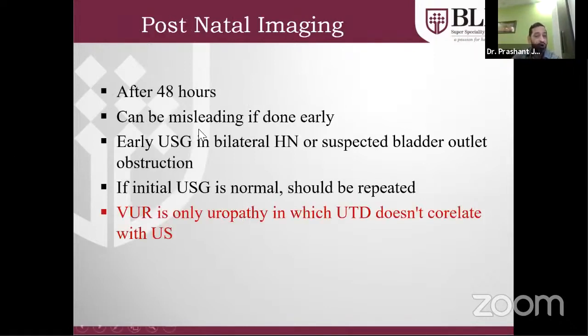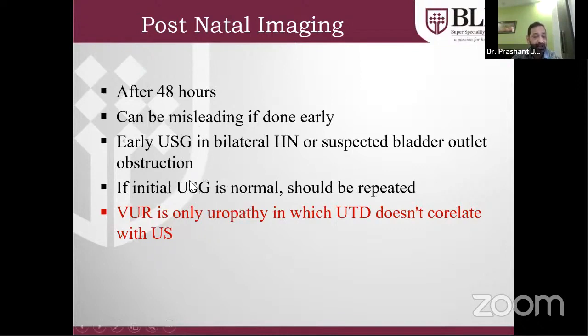So as you all know, the ultrasound scans are normally done after 48 hours of the delivery, unless you are suspecting any bladder outlet obstruction, or whenever there is a bilateral hydronephrosis, because early ultrasound scans can be misleading because of the poor hydration state of the child.